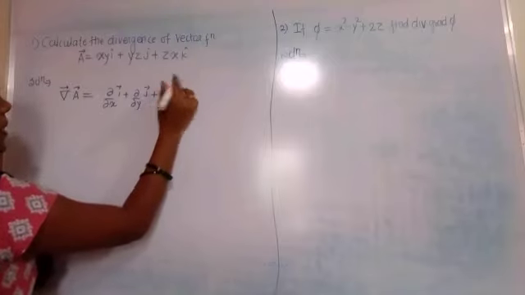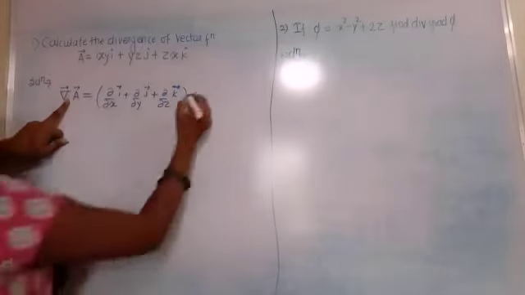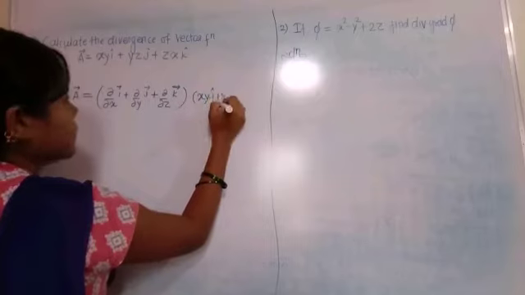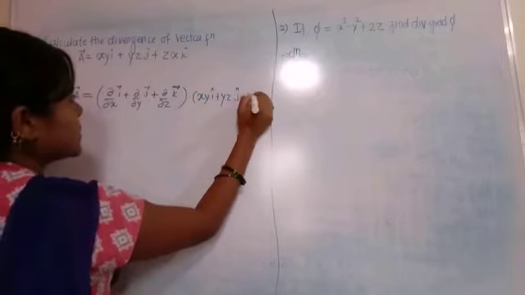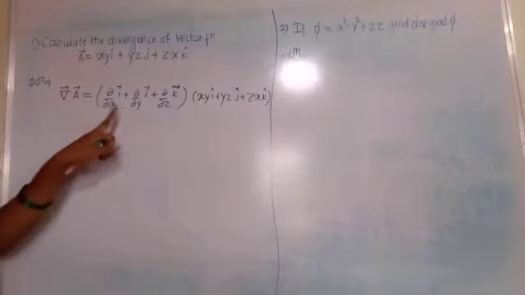This is the dot product with A, that means xy i plus yz j plus zx k.